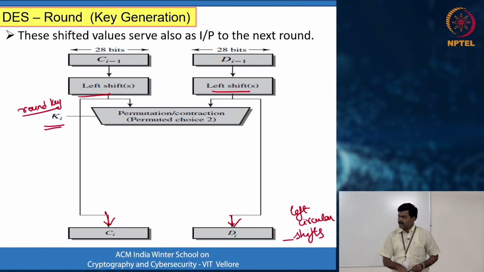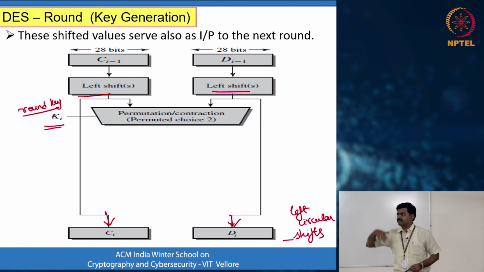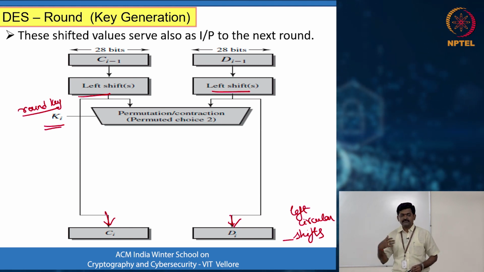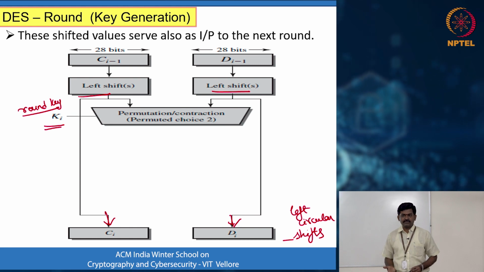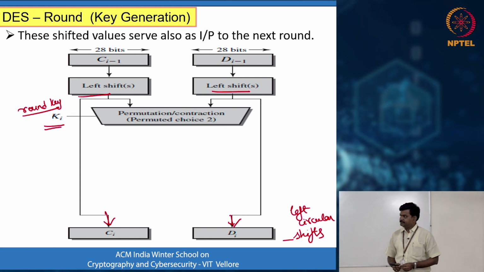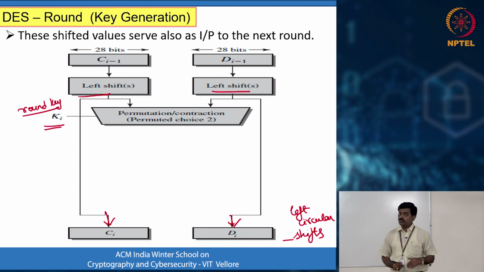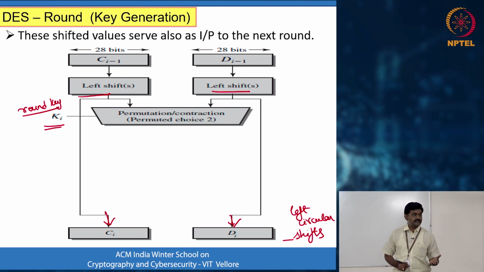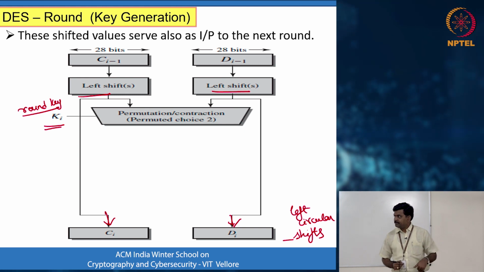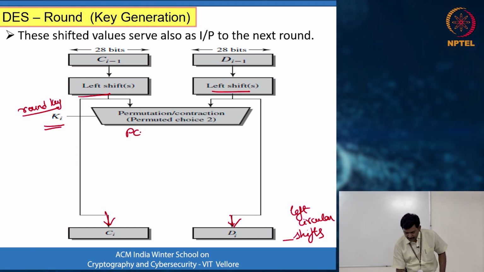So this left half and right half undergo the shift operations for the next round. Again for the next round. Again for the next round. Okay? And from that you choose how many bits? 48 based on the PC table.